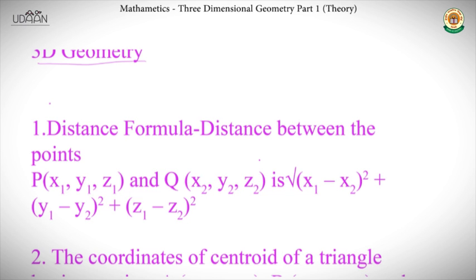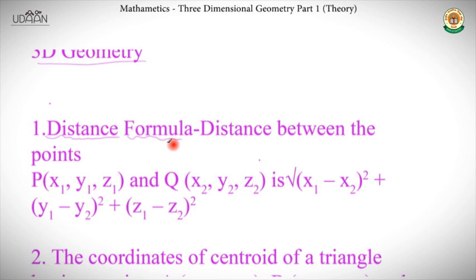In 3D geometry, the most important and most basic formula is the distance formula. You need to remember this distance formula. It is very basic. A 10th standard level kid would also know it.